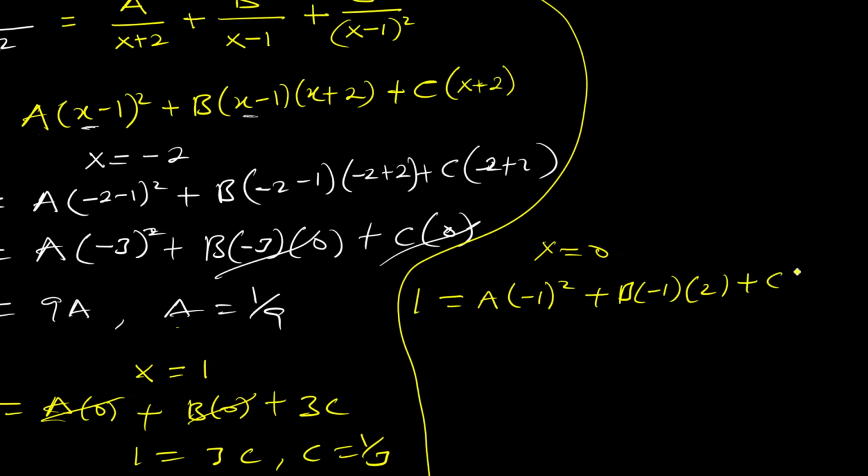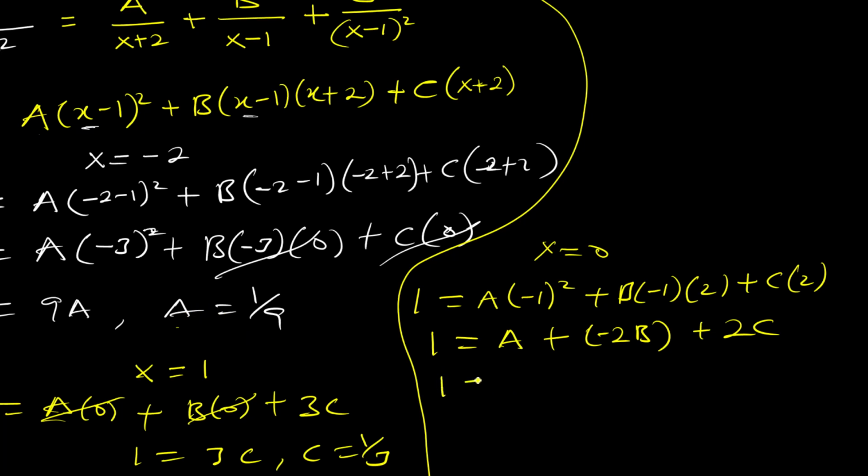So we have C times 2. So I have 1 equals A times (1 minus 1) all squared, which is 1A, plus, this side becomes minus 2B, plus 2C. So we have A, B, and C. We know A and C, so we can substitute.